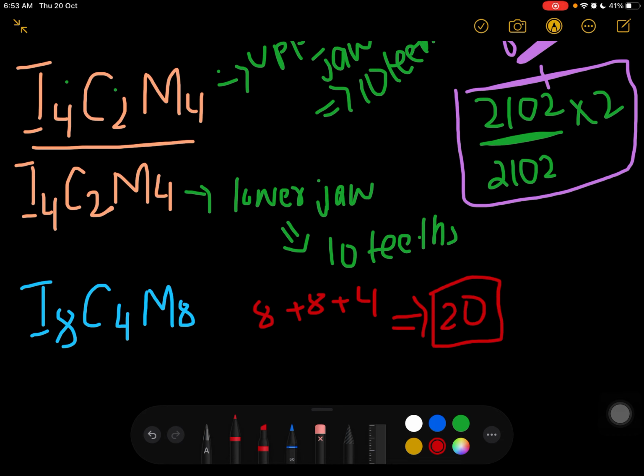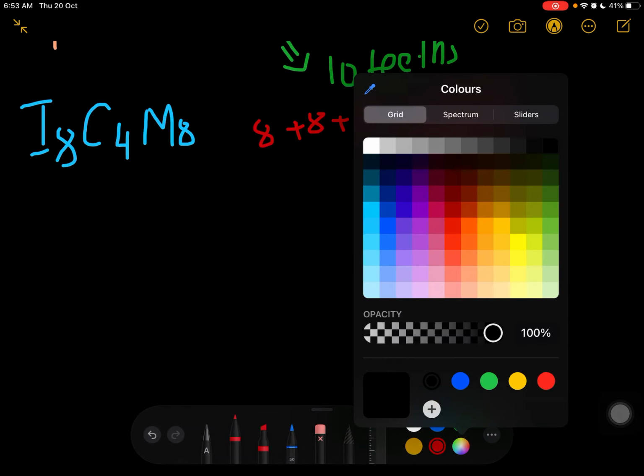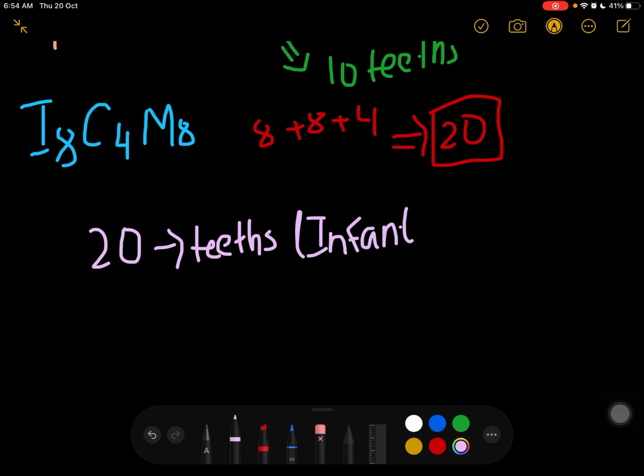So there are actually 20 teeth in infants, right? Here premolars are missing. Premolars are not here.